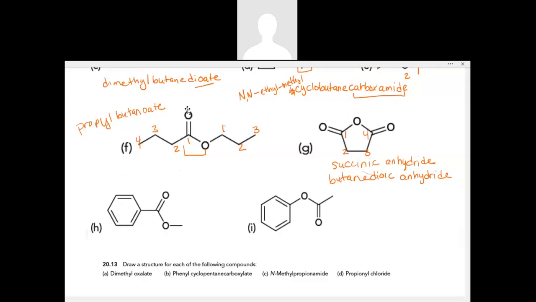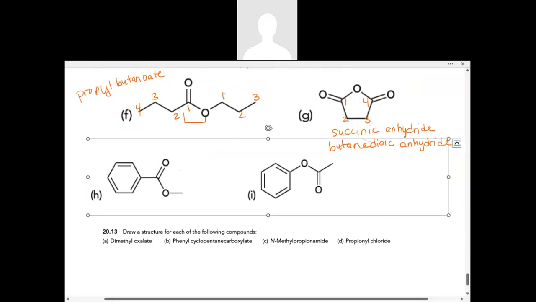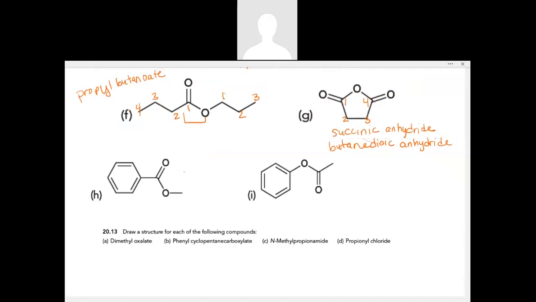Let's take a look at H here. We have 2 left. So here, this is going to be our parent. So this is a benzoic acid, so a benzoate when it's an ester. We just change the ic acid to ate, and then we name this substituent here as methyl, and we can pull that all together. We have methyl benzoate here.